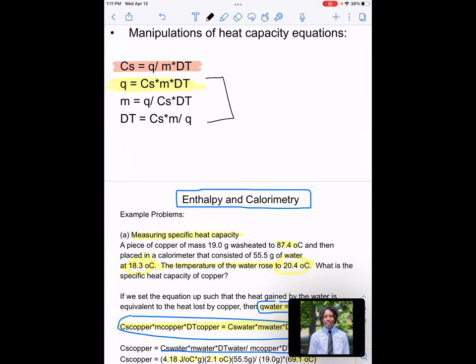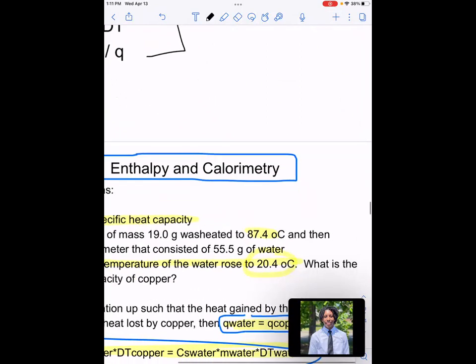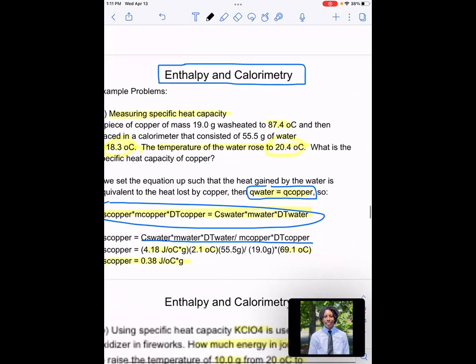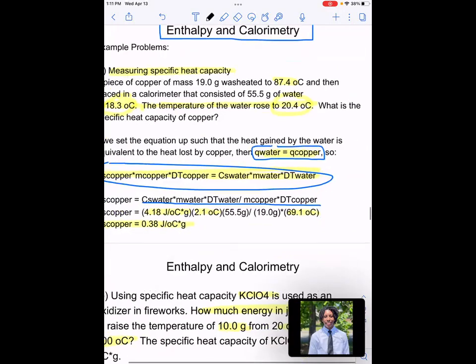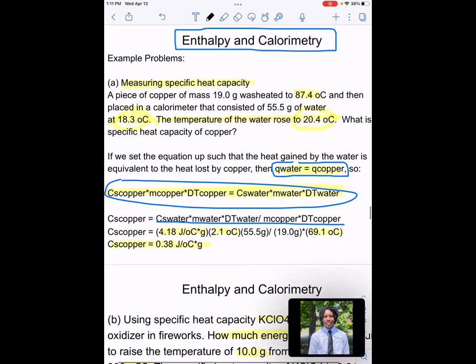So let's look at a calorimetry problem here. And there are some things that we're going to talk about as far as the specific heat capacity and what we can assume based on the information that's given.